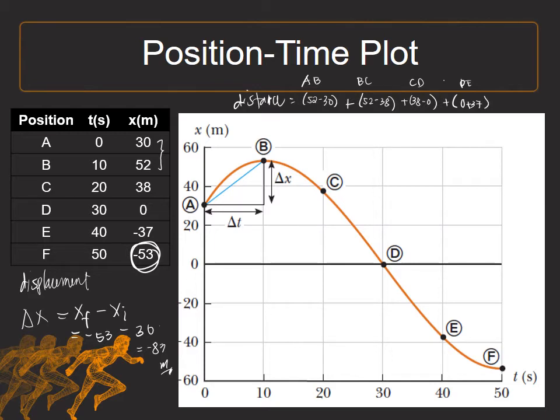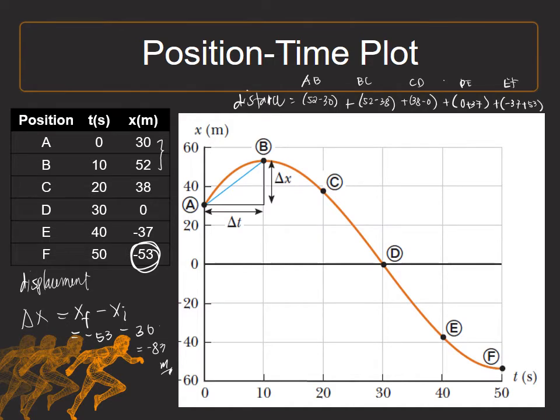So that is 0 plus 37. Then from E to F, that is negative 37 minus negative 53. So it becomes positive 53.